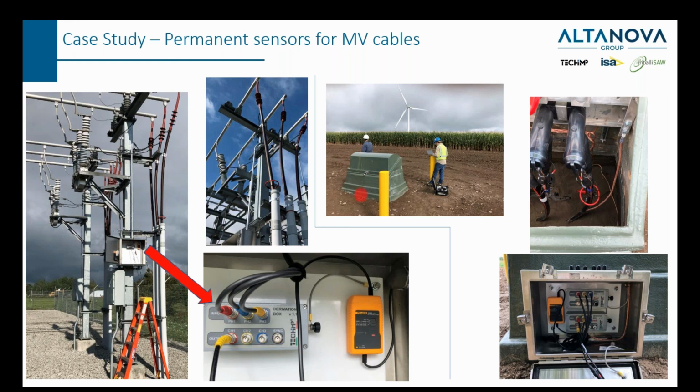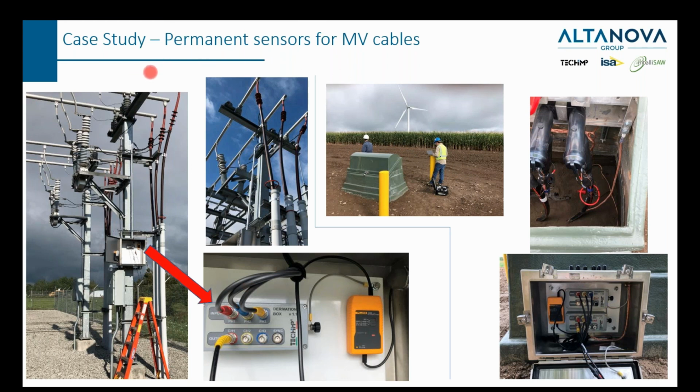And in the cable run, the customer put some connection boxes or junction boxes, and also we put HFCT around the ground wire and the low frequency CT around the cable to get the sync. So the configuration is about the same. In some junction boxes, we have 6 channels to measure cables going in both directions. So this is the permanent sensor installation.